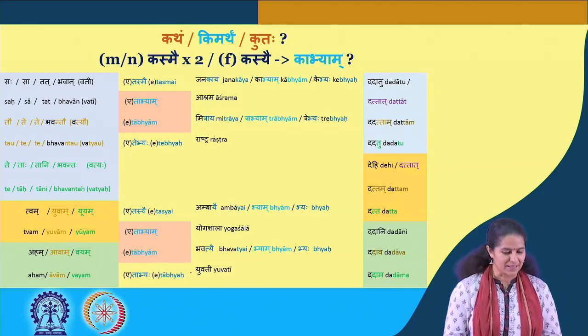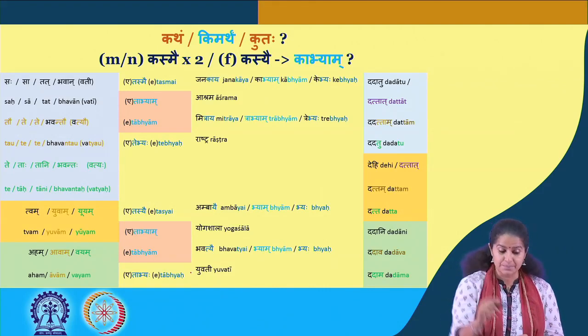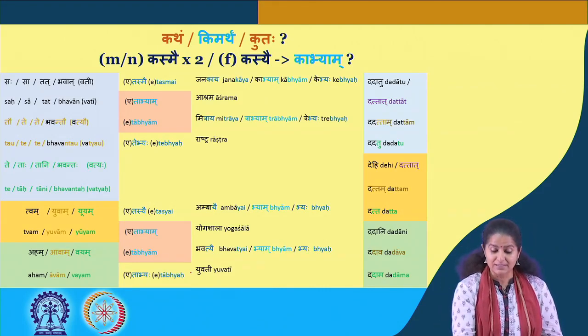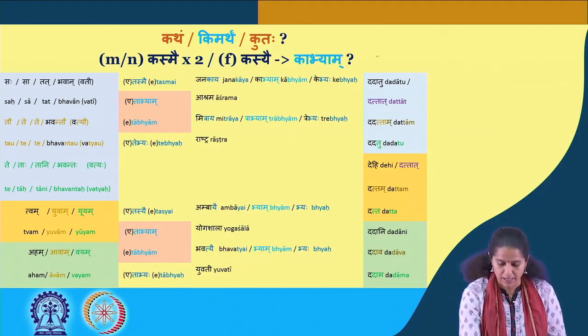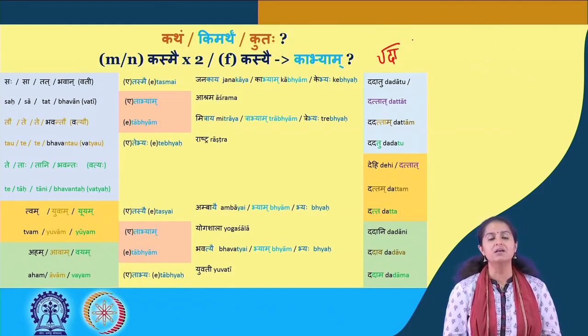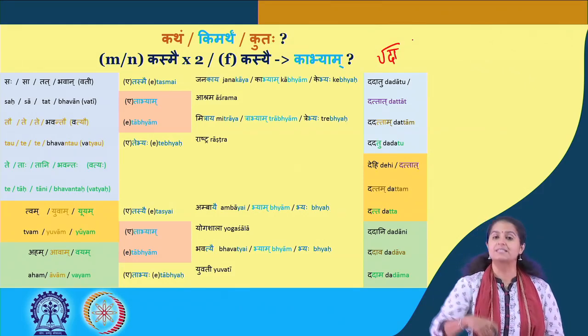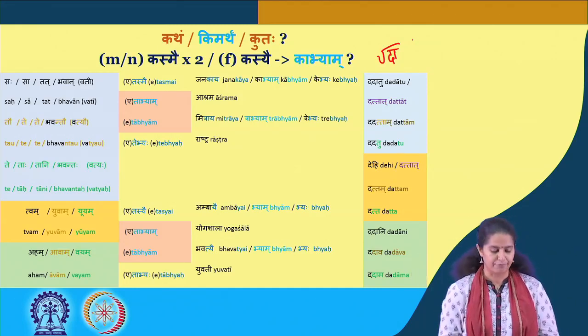So let's look at an application of that. So we have saha tasmai janakaya dadatu. So I'm using the imperative here for the verb da, to give, but we'll use it in the imperative, or the lot, or the ajna. So saha tasmai janakaya dadatu means let him give to that father.